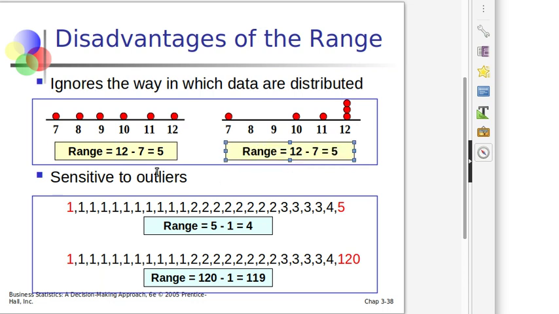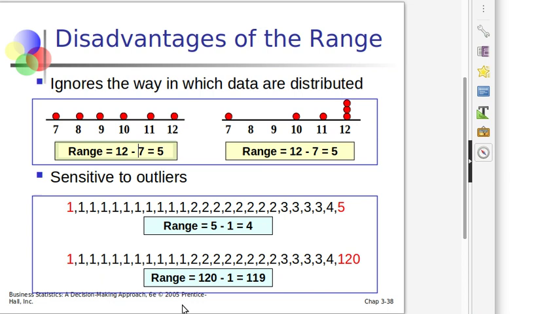Number 12 was hiding behind. 7 to 12, and 12 being the maximum value in the data set. Subtract the minimum, the smallest value in the data set. 12 minus 7 equals 5. And here also 12 minus 7 is 5.